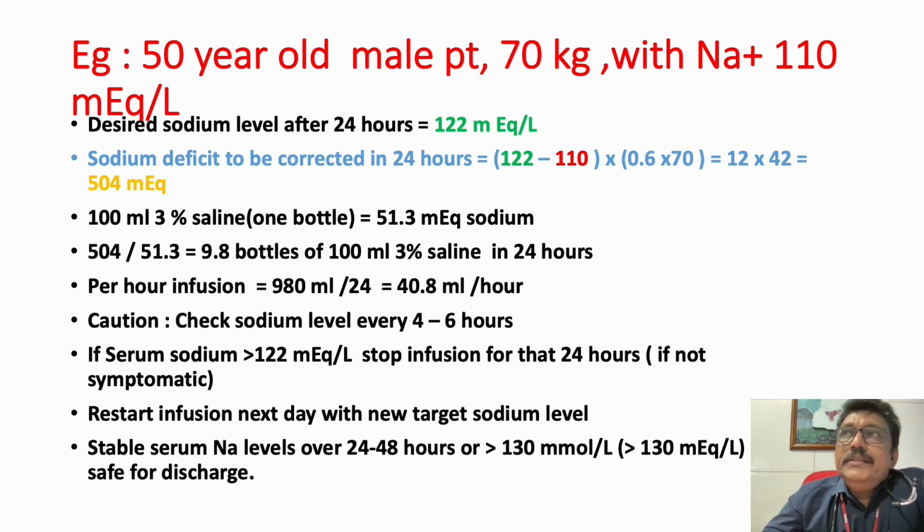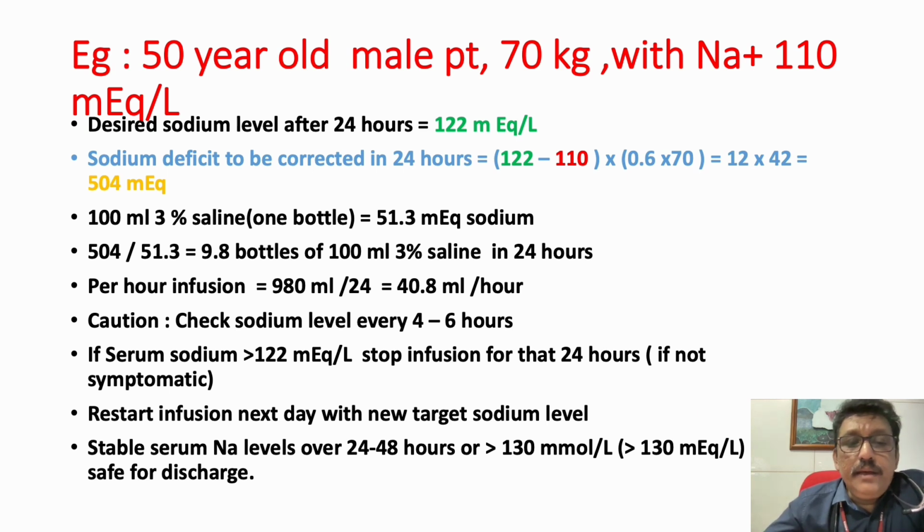However, every 6 hours we have to check the serum sodium levels, and it should not shoot up very fast. Over 24 hours we have to correct a maximum of 8 to 12 milliequivalents per day. So every 6 hours we can go for a correction of 4 or 5 milliequivalents increase. That's all.